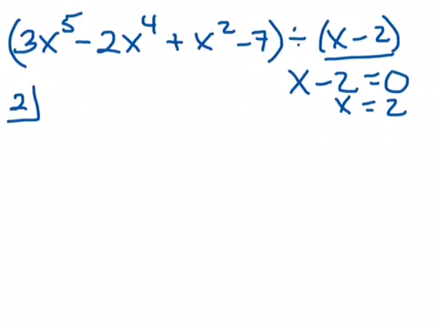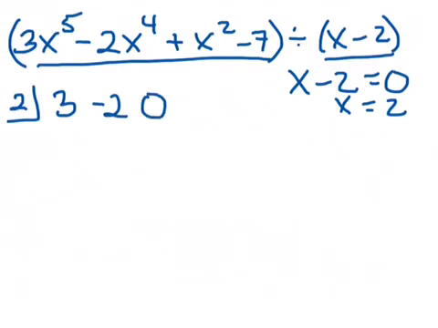Okay, now we're going to put on the same row, outside the box, all of the coefficients of our dividend. So we're going to write 3 for the x to the 5th term, negative 2 for the x to the 4th term. Notice the x to the 3rd term is missing, so that coefficient must have been a 0.